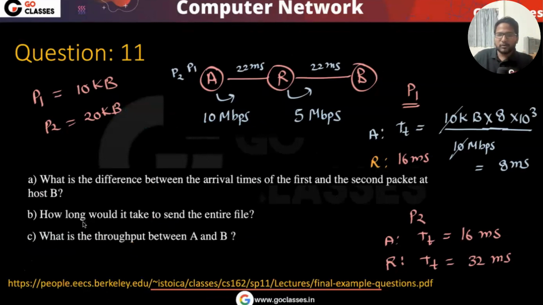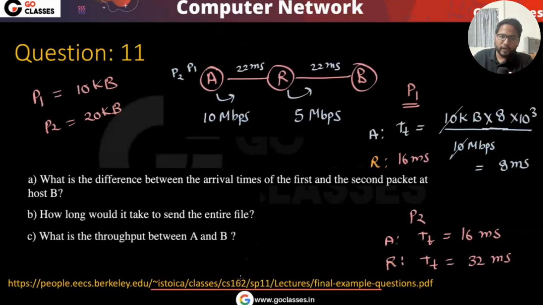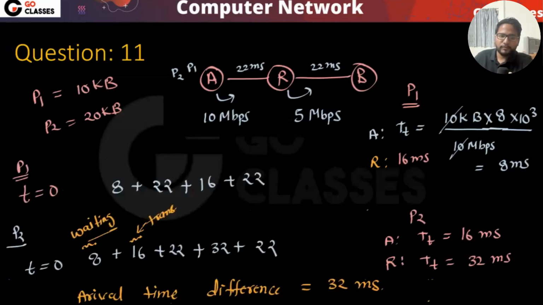Now let's see question number B, which is saying how long it will take to send the entire file. So how long do you want to send 2 packets, right? This is also a very interesting question. We have also done this question, but let's do this again quickly because today I want to ask something else, which is the throughput.